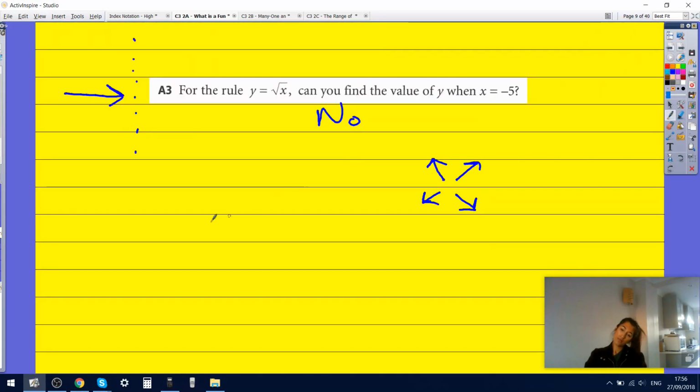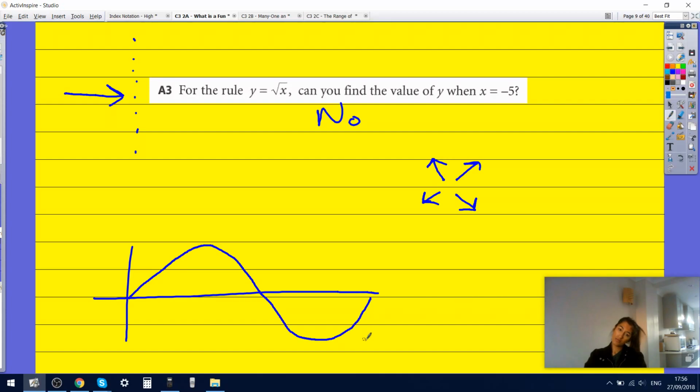Let's think of our sine graph for a moment. Is the sine graph a function? Is there some value for x where if you put it in, you would get two outputs for y?